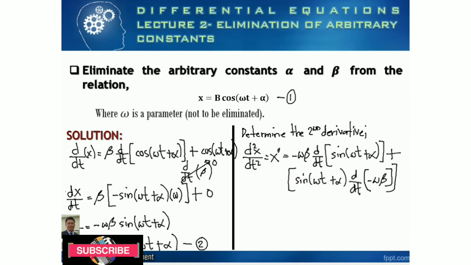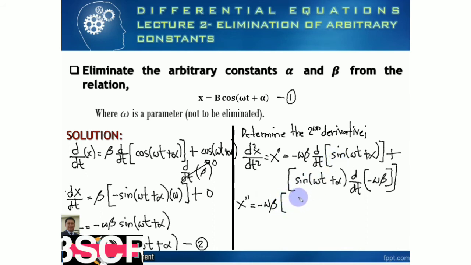Proceeding, we will use this x double prime. Our second derivative x double prime is equal to negative omega beta times the derivative of sine.